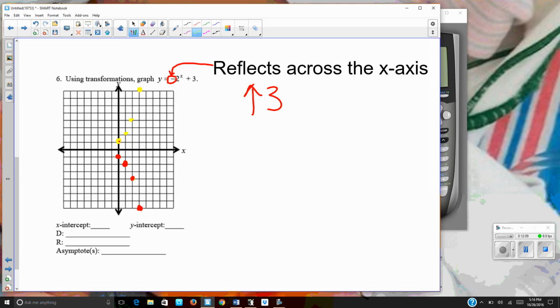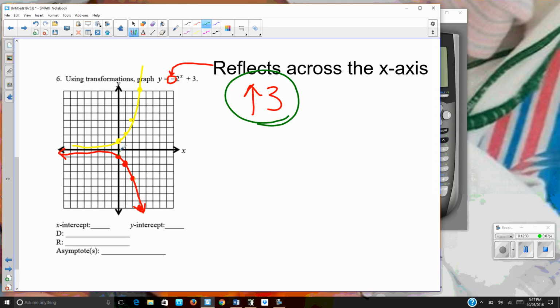And the same thing happens to the tail. So the original graph, again, looks like that. So this new graph has just been reflected across the x-axis. Then once you reflect it across the x-axis, then you need to shift it, all those points, up 3 units.